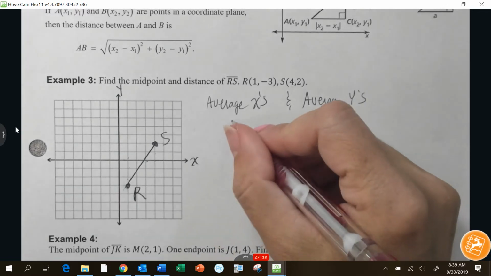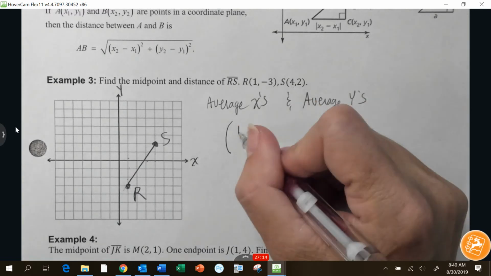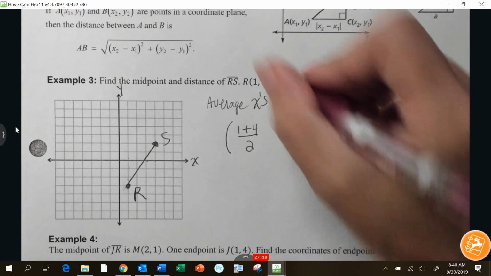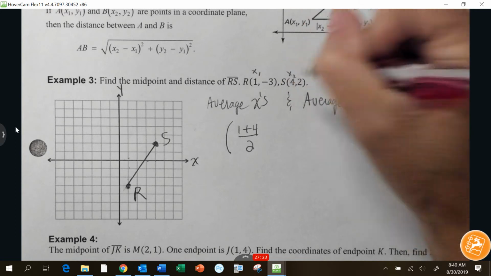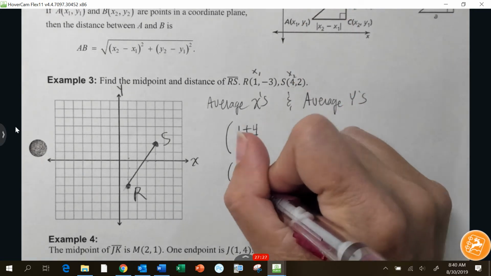So what are my x's? 1 plus 4, divide by 2. Remember, the x's come first. So 1 plus 4 divided by 2, that's 5 divided by 2.